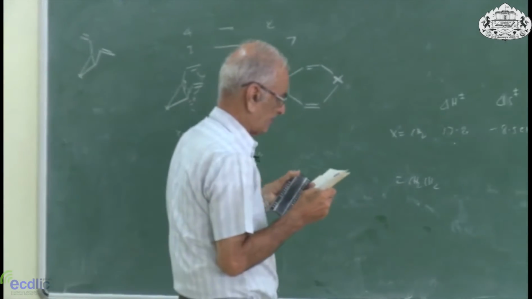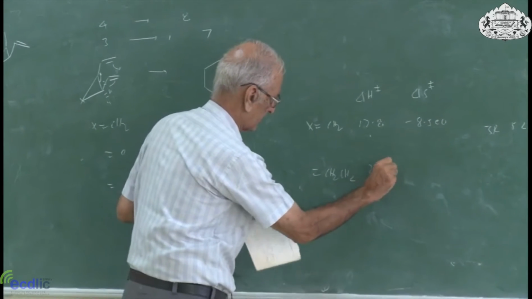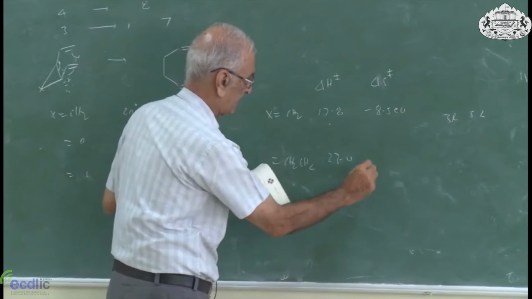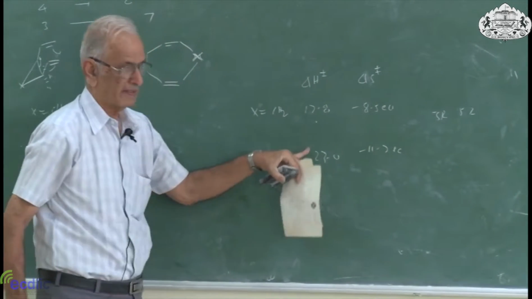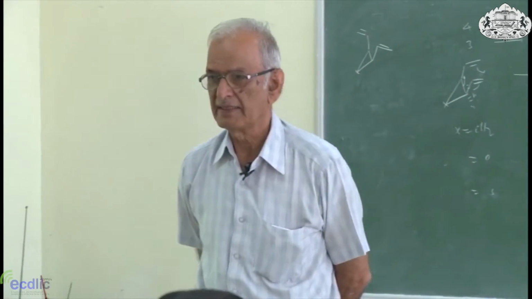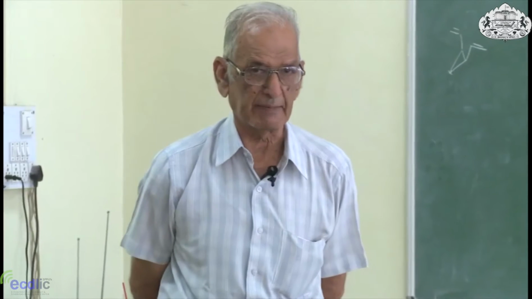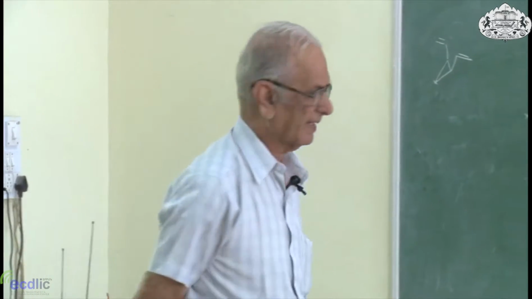So, enthalpy of activation 23 kilocalories. Entropy of activation minus 11.7 entropy units. Increase in the enthalpy of activation. Why? A 3-membered ring is very unstable. A 4-membered ring is not that unstable. Okay.